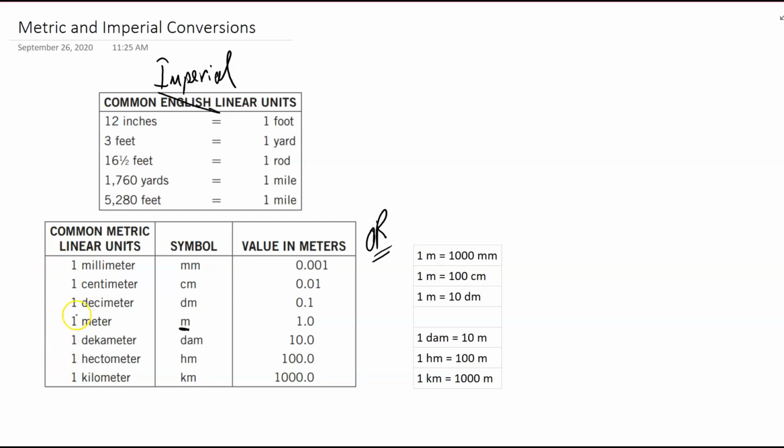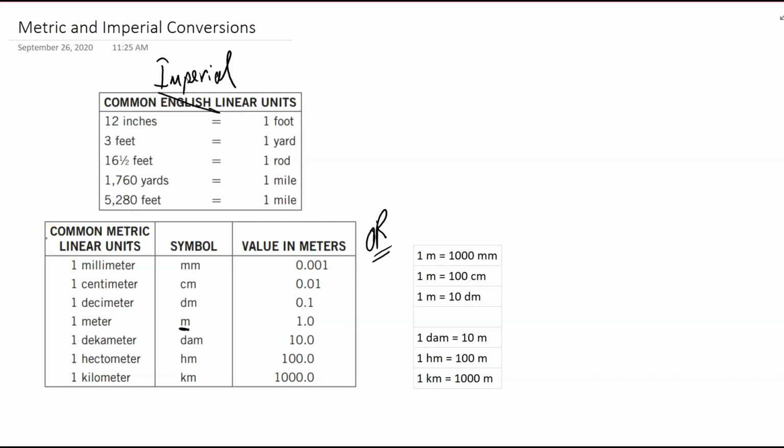And then depending on how much larger or smaller the unit is than a meter, it will be a multiple of 10, actually a power of 10 higher or smaller. So 10 to the power of 1, 10 to the power of 2, 10 to the power of 3, and so on for units that are larger, and 10 to the power of minus 1, 10 to the power of minus 2, and 10 to the power of minus 3, and so on for units that are smaller.